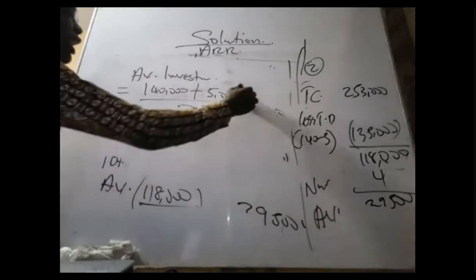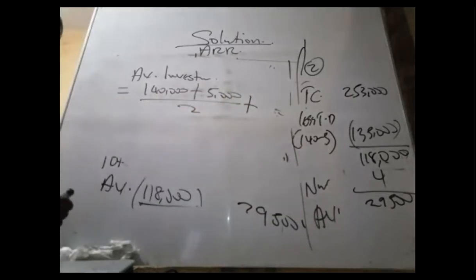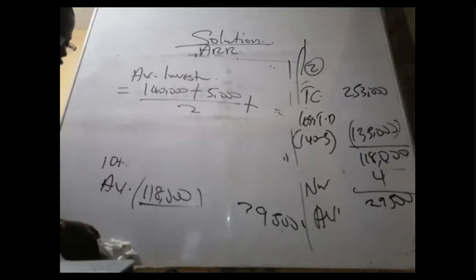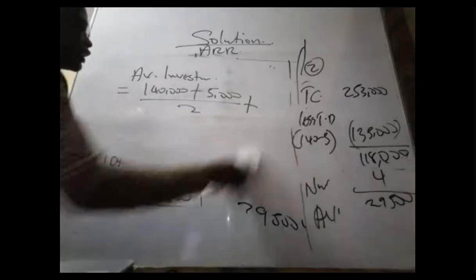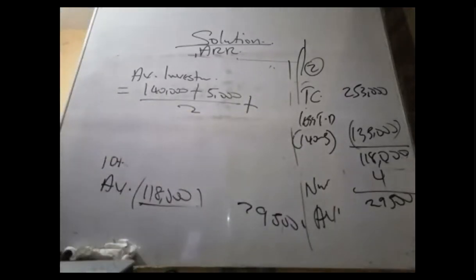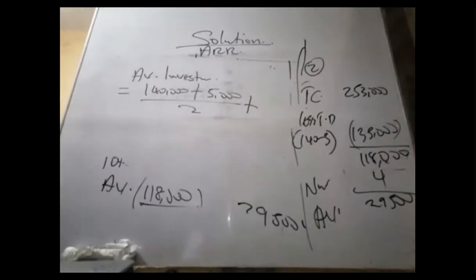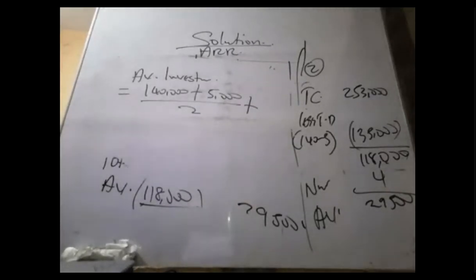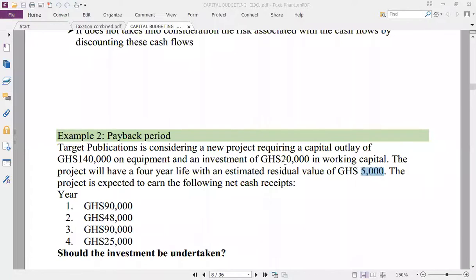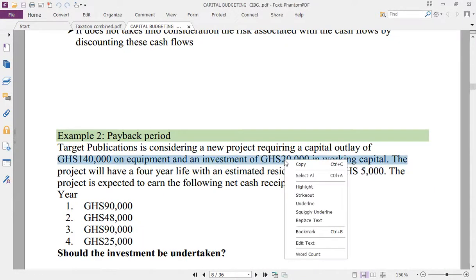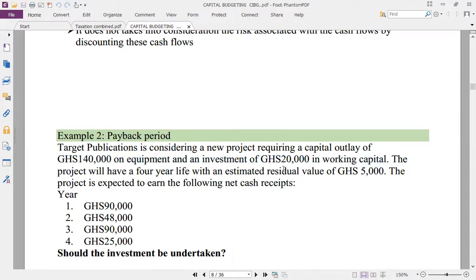If there's any working capital, kindly add it. Let's say there's working capital of 20,000. It is not always the case where they'll give you working capital. So if it's not there, don't worry yourself. Just move on.